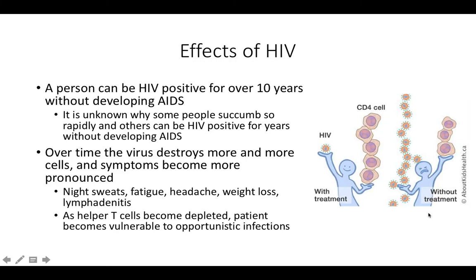And so as this process happens, people start to get night sweats, fatigue, headache, weight loss, and lymphadenitis, which, if you remember, is just swelling of the lymph nodes in response to battling some kind of antigen. So as these helper T cells that we see here become depleted, the patient obviously becomes more vulnerable to opportunistic infections because it doesn't have as many healthy lymphocytes.